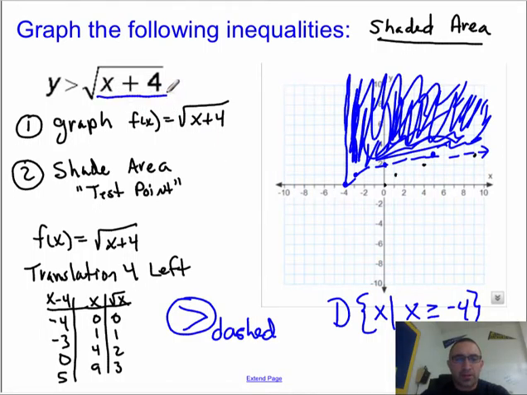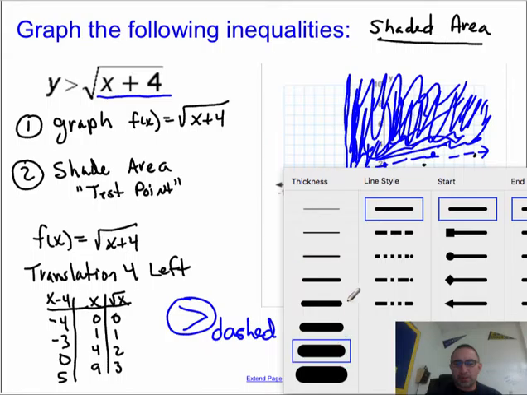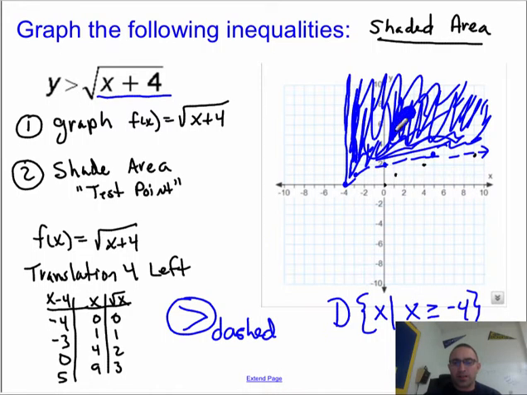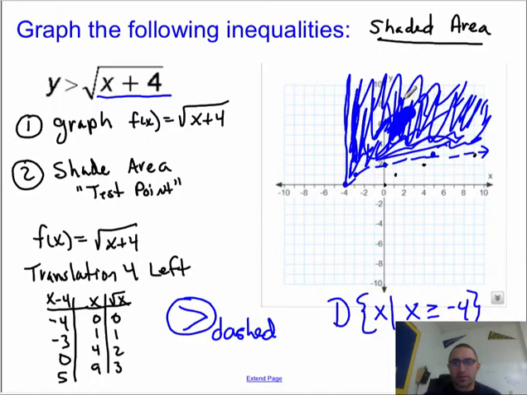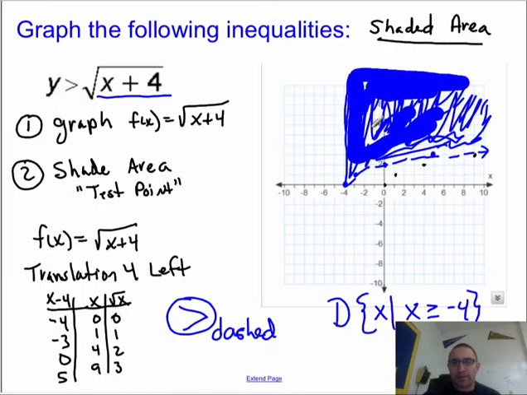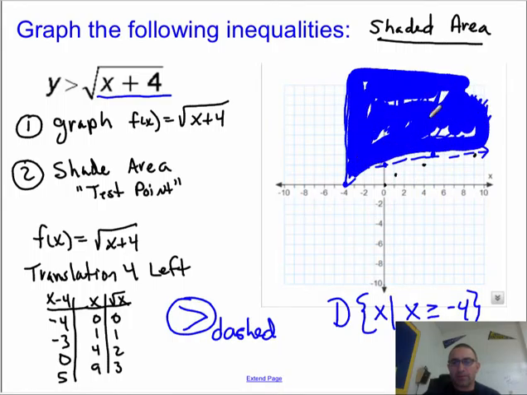Otherwise, I would get negative numbers under the radical. So I have to stop my shading at -4. So when I go to shade in, I'm shading, and I got to make sure I stop at -4. There we go.